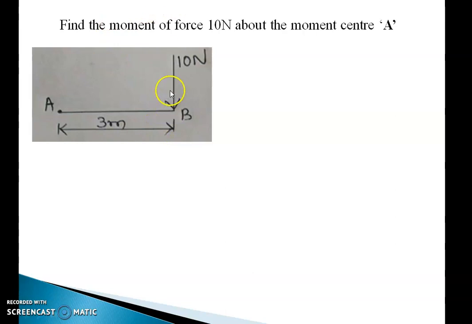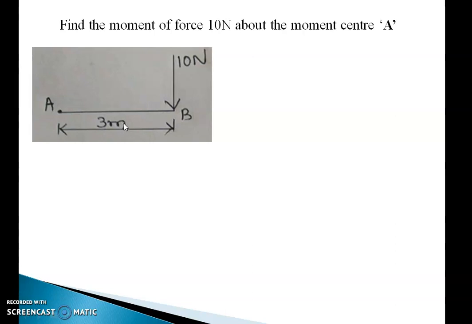So if the force is vertical, the perpendicular distance is the horizontal distance between the moment center and the line of action of force. If the force is horizontal, it is the distance between the moment center and the line of action of force in the vertical direction. That is a very important thing we need to consider.